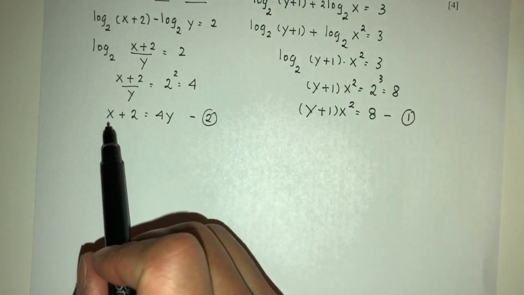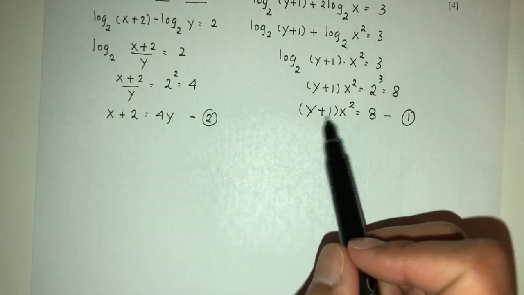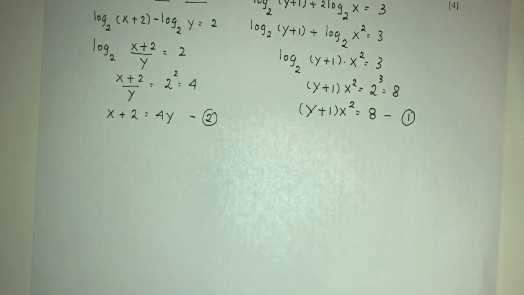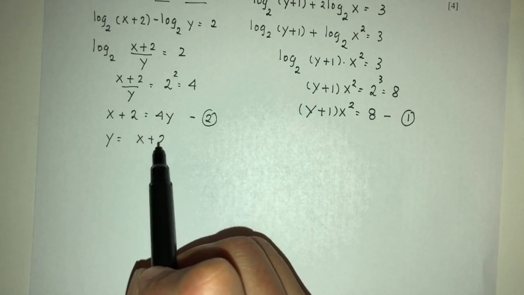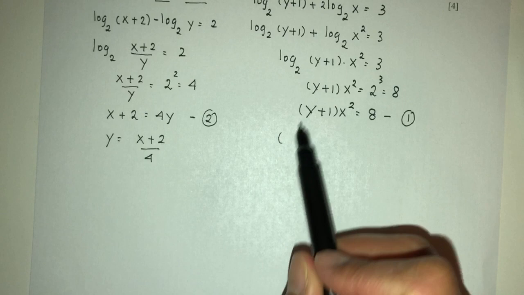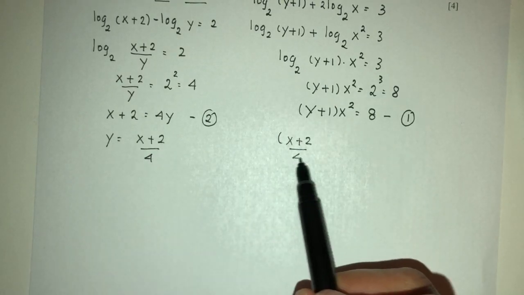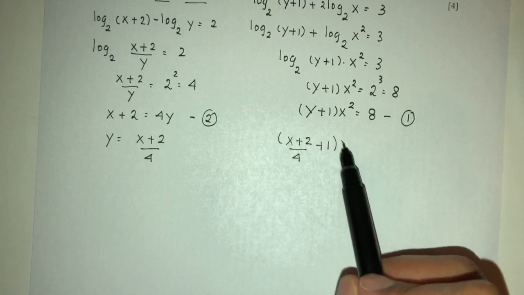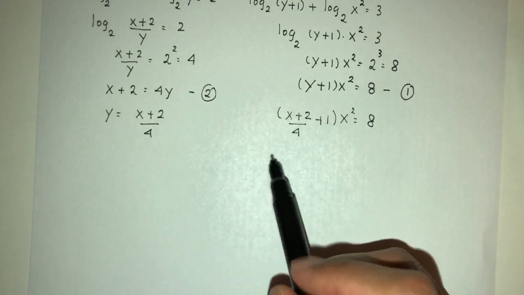Okay, so now it is up to you. You can make x the subject, or you can make y the subject. I will choose y because I have x squared here and I don't want to expand. So y will become x plus 2 over 4. So here we have x plus 2, which is y, over 4, plus 1, times x squared is 8. Now let's simplify inside first.